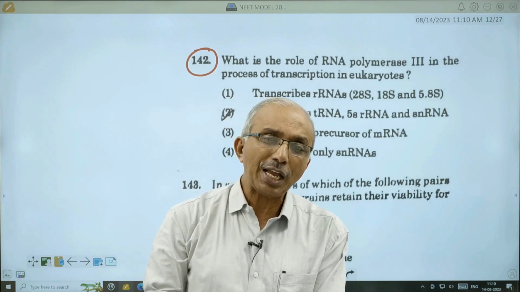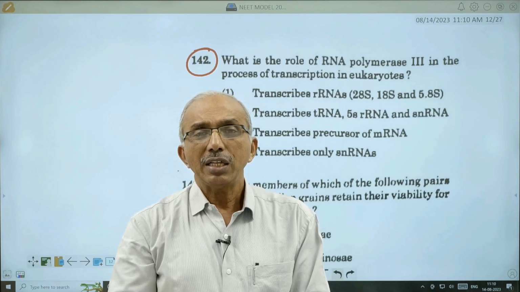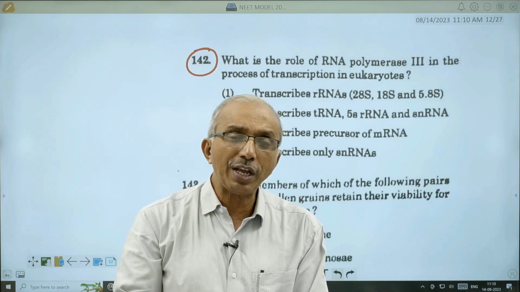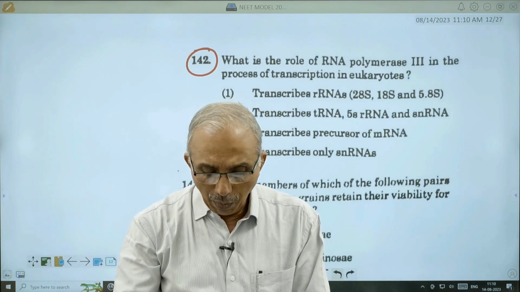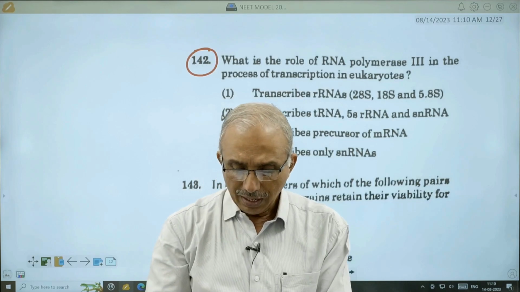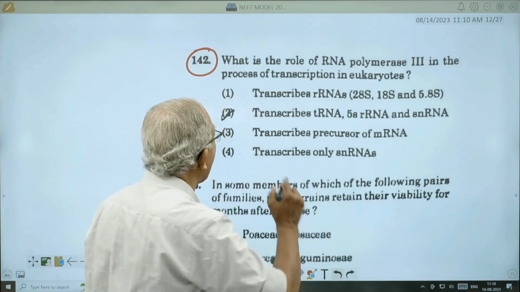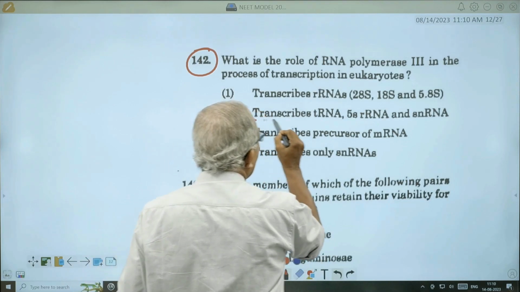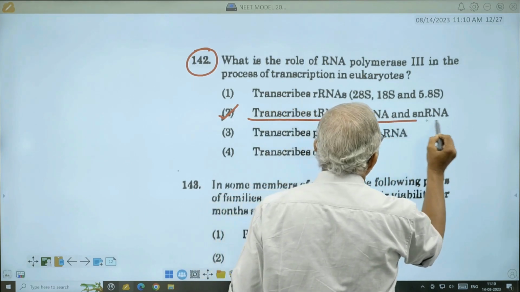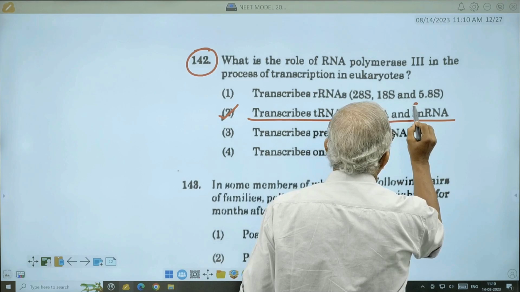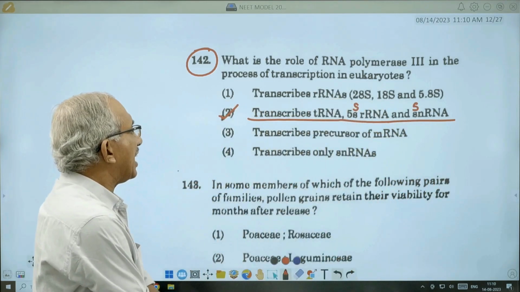Apart from these, eukaryotes also possess RNA polymerase for chloroplast and mitochondrial RNA. RNA polymerase 3 transcribes tRNA, 5S rRNA, and snRNA.